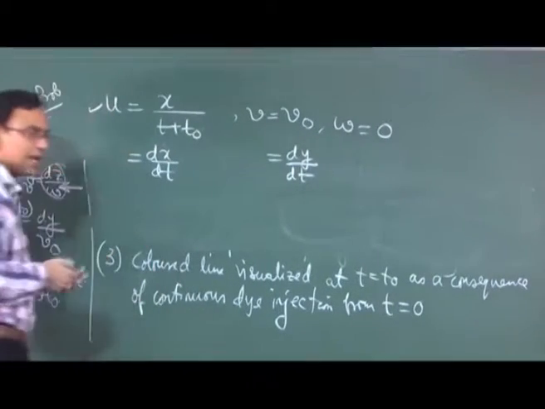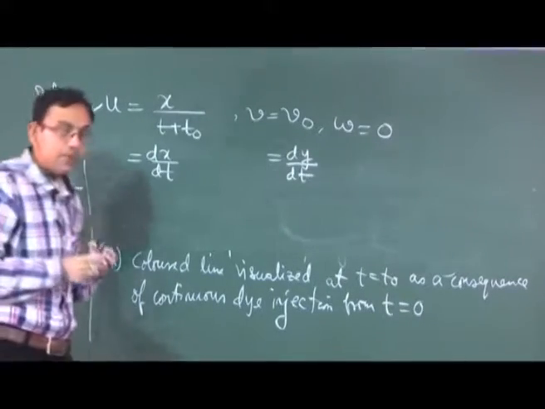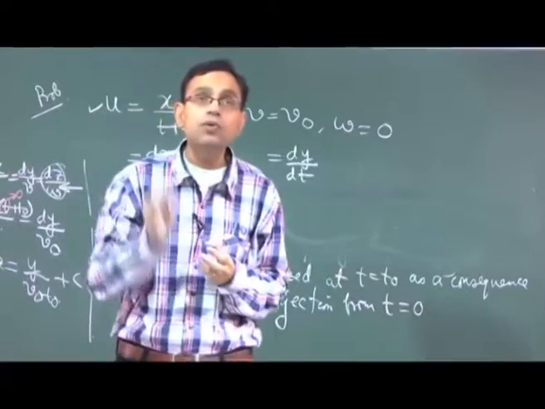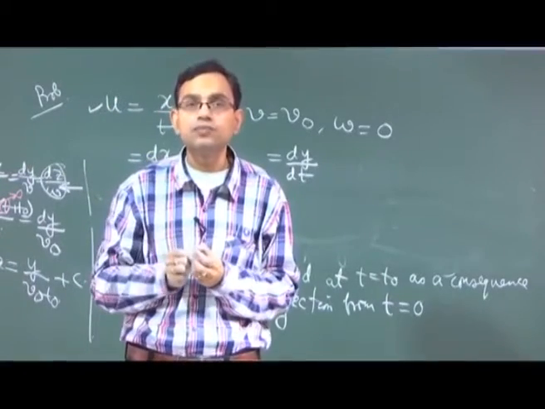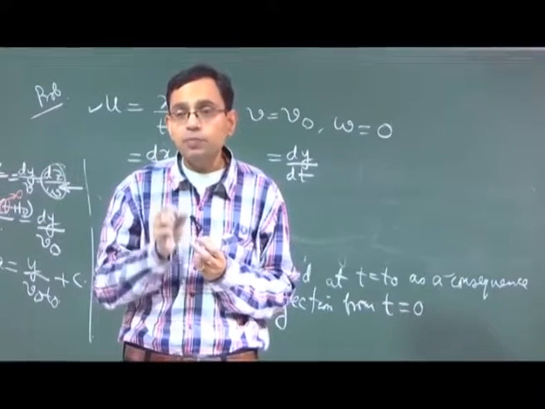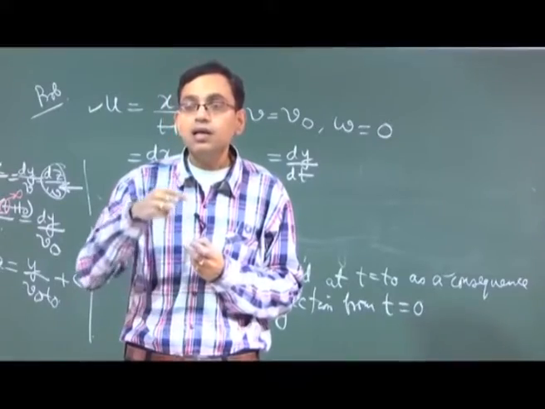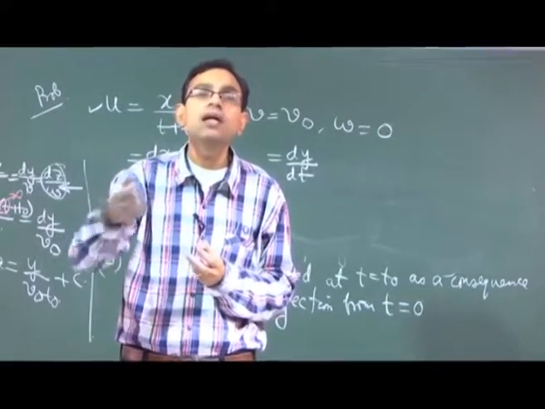For the path line, you are fixing the initial position x0, y0. For the streak line, the initial position is fixed, but the injection time is variable.